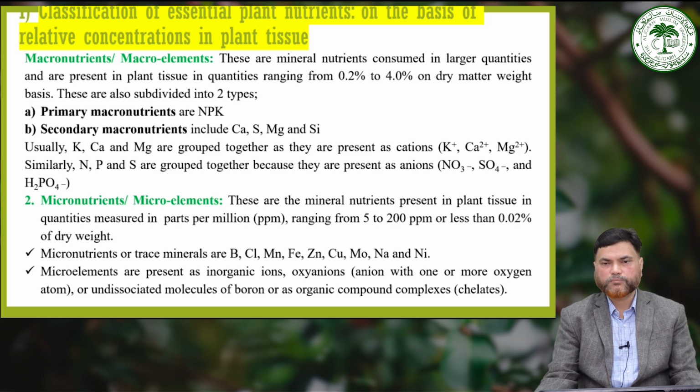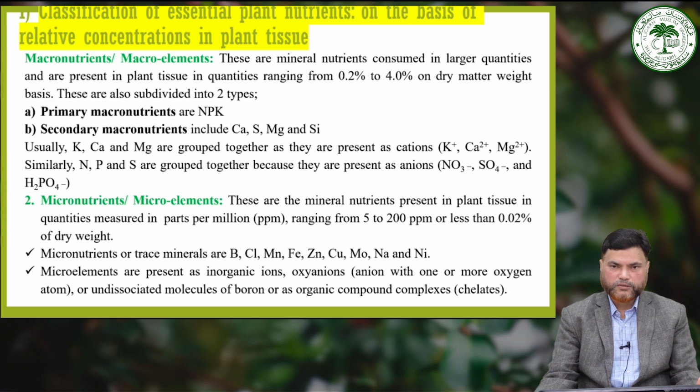Basically, potassium, calcium and magnesium are generally grouped together as they are predominantly present as cations. Likewise, nitrogen, phosphorus and sulfur are grouped together because they are primarily present as anions like nitrate, sulfate and phosphate.